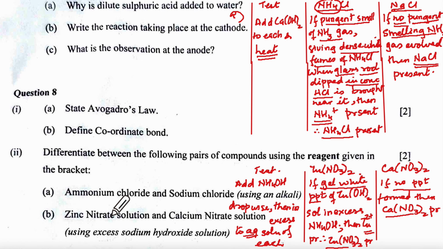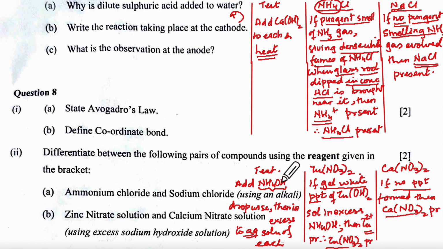For the second one, we again make the same kind of columns, test, then zinc nitrate and calcium nitrate solution. So remember that with calcium cation, with NH4OH, there is no precipitate. So we take NH4OH.